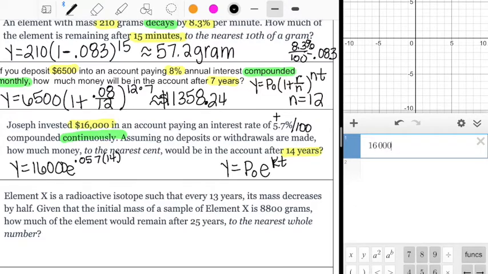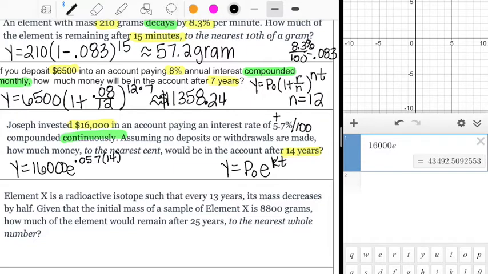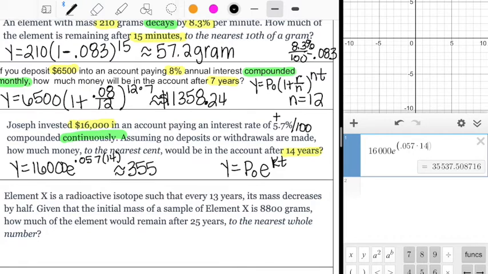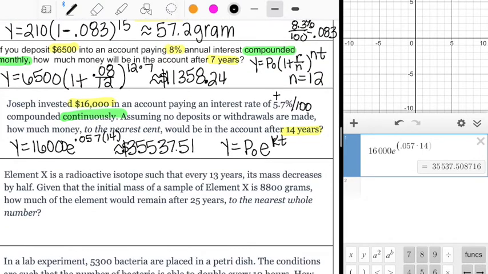I can just type in e from the keyboard and it knows what to do. Raise it to, and I'm going to put in parentheses, 0.057 times 14 years. And I get that my investment is going to grow to $35,537.51. All right, so all the key phrases are there. You just have to know which key phrases to look for.